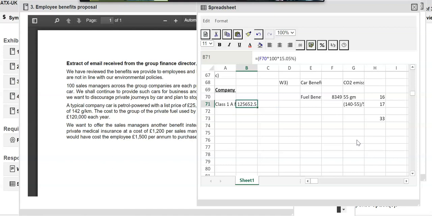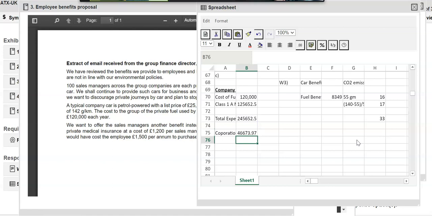Okay. And the cost of fuel which the company has to pay is how much? 120,000 pounds. So the total expense for the company is how much? 245. And if we calculate the corporation tax saving, that would be at the rate of 19%.